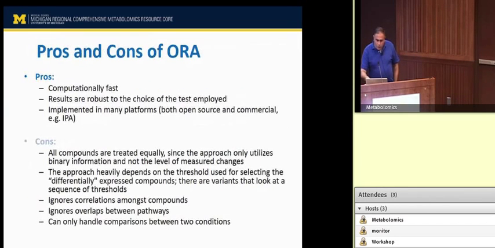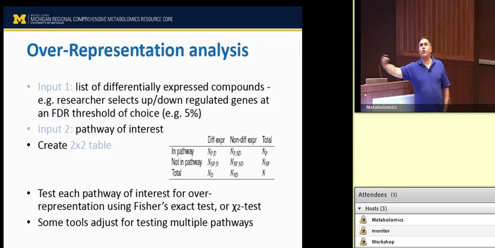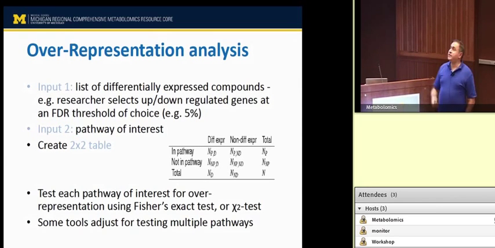So why did the people at the Broad come up with this idea? Of course, they were talking about genes, but if we look at this little table, suppose that you pick a threshold of 5%, and all your compounds are differentially expressed and they have p-values of, let's say, 7%.